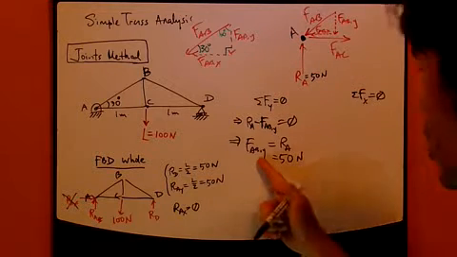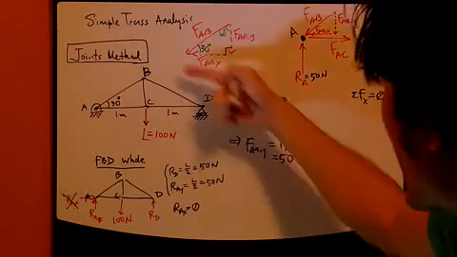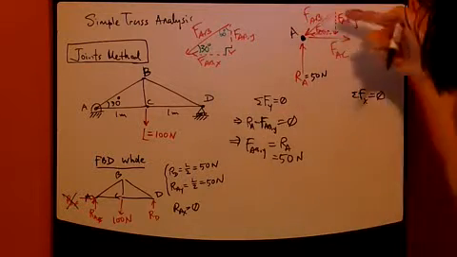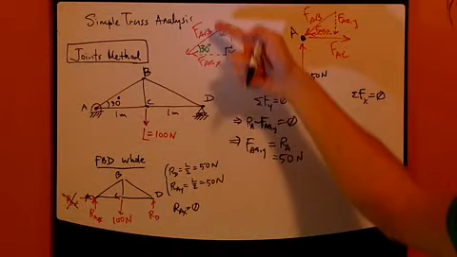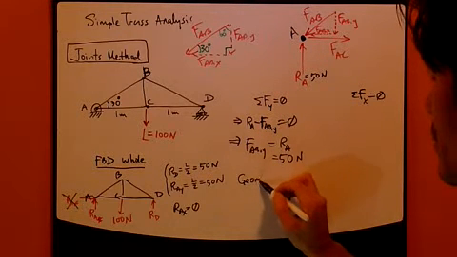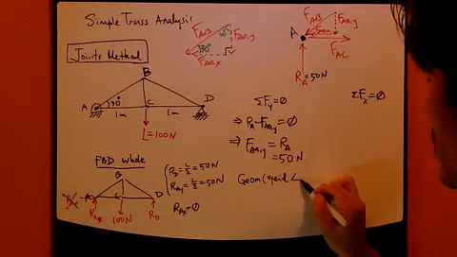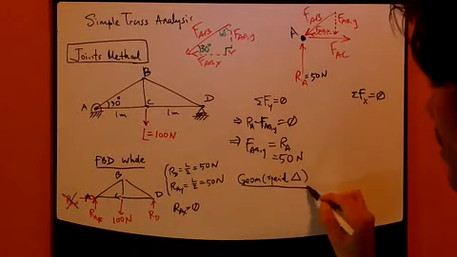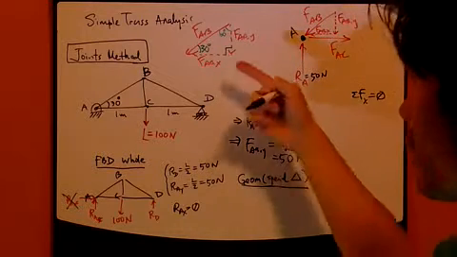Knowing FABY being 50 newtons, we can come back to this special triangle to figure out FABX as well as FAB. So, geometry. You can use sine and cosine. So, trigonometry.